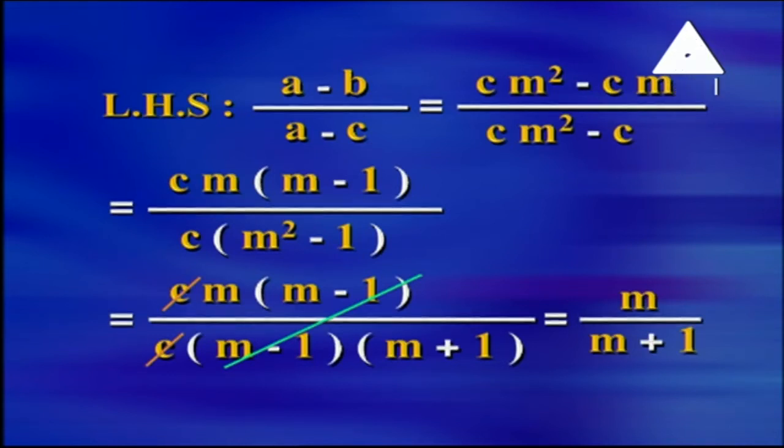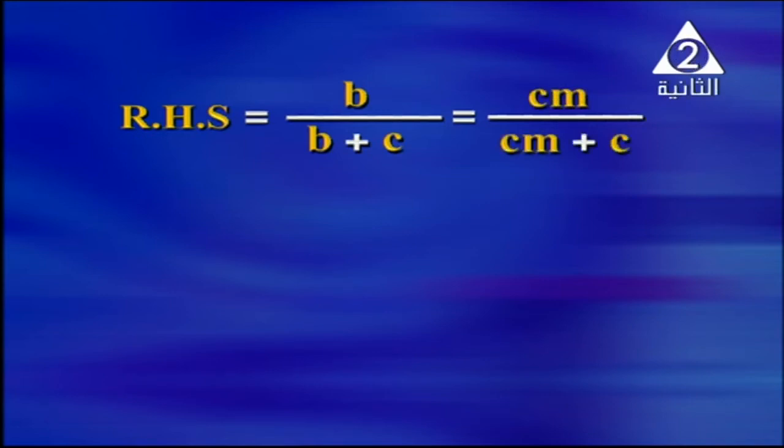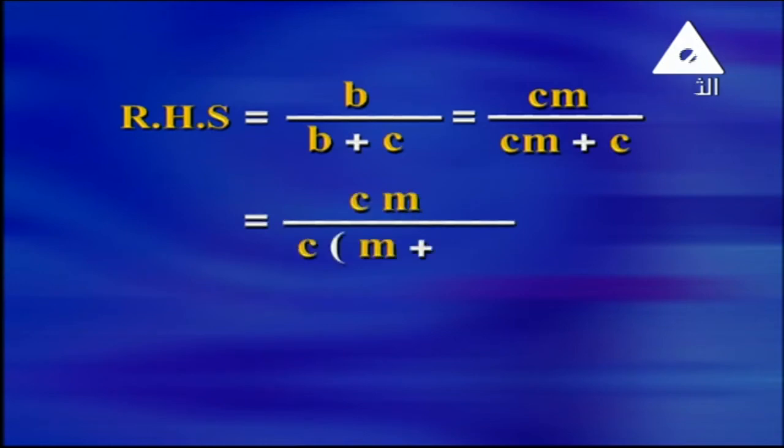What about the right-hand side? The right-hand side is b over b plus c. So by substituting b equals cm, we get cm over cm plus c. By taking c as a common factor from the denominator, it is going to be cm over c brackets m plus 1.